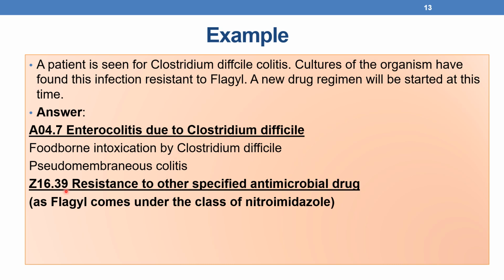And next Z16.39, resistance to other specified antimicrobial drugs, because Flagyl comes under the class of nitroimidazoles and you don't have a specific code for nitroimidazole resistance. So the appropriate code is Z16.39, that is resistance to other specified antimicrobial drug.